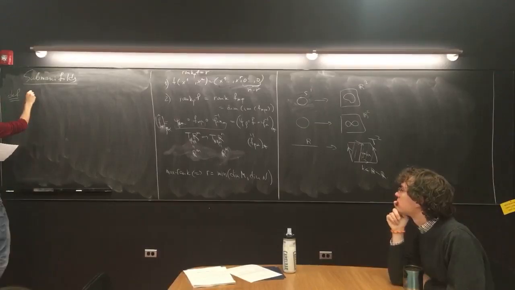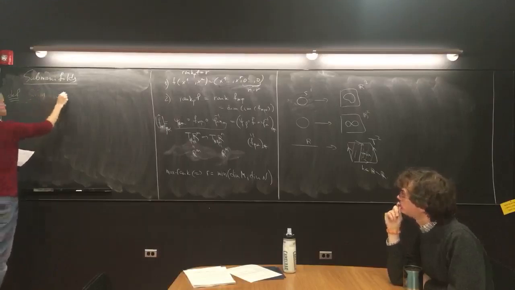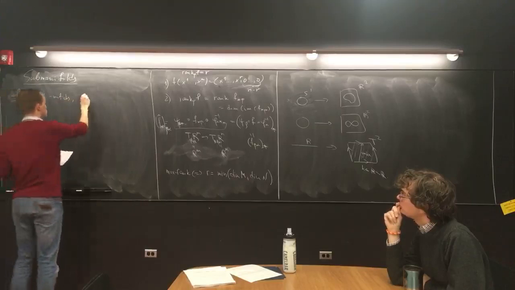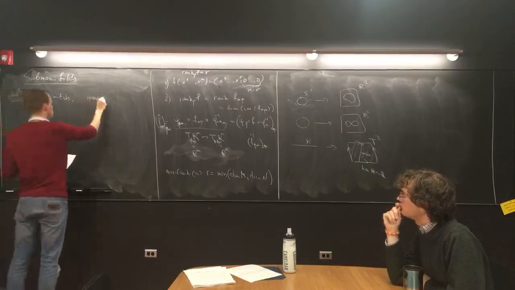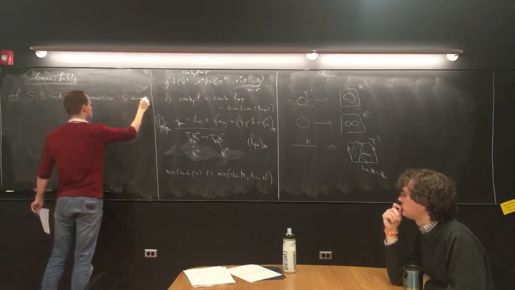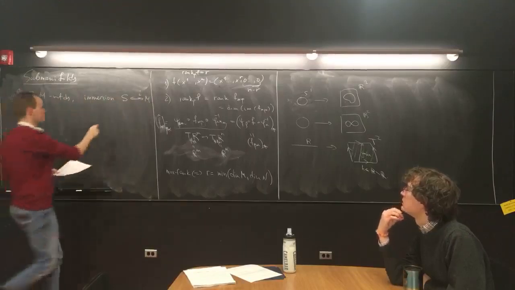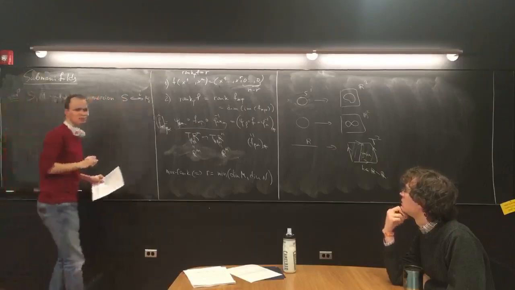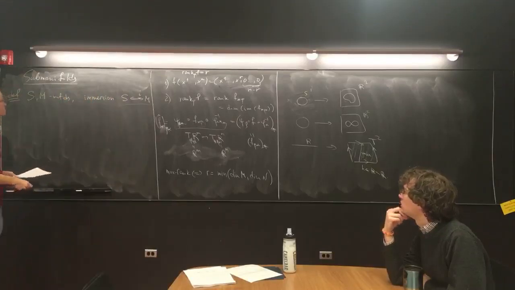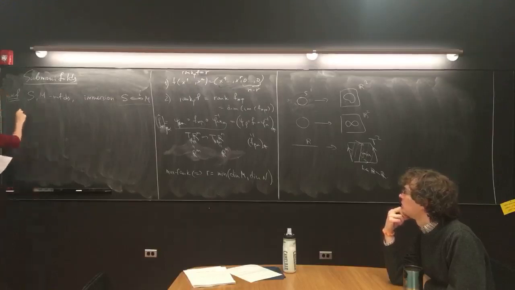Let's say we have two manifolds, S and M, and we have an immersion called I. And this whole triple, this entire morphism is going to be called an immersed submanifold, embedded submanifold, and properly embedded submanifold in the following three cases.